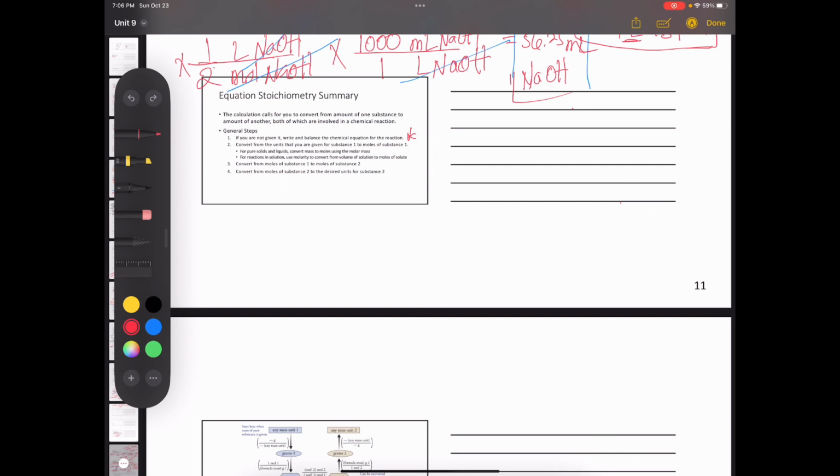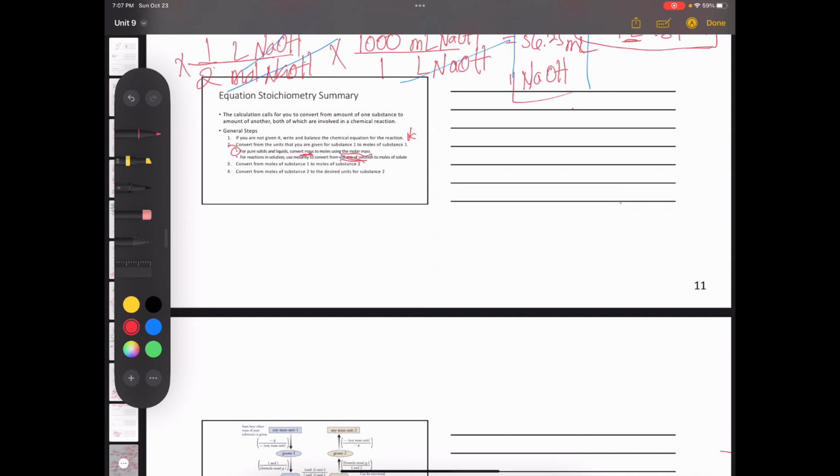If you're starting with the milliliters, just like with the molarity, you'll have to convert the milliliters into moles using the molarity conversion factor. Okay, so for solids and liquids, we convert the mass into moles using the molar mass, or sometimes we also use the atomic mass if it is just an element. For solutions, on the other hand, we use the molarity to convert from volume of solution to number of moles.